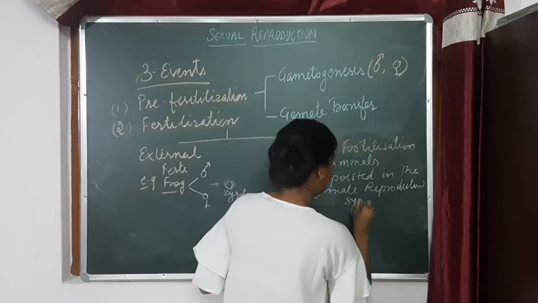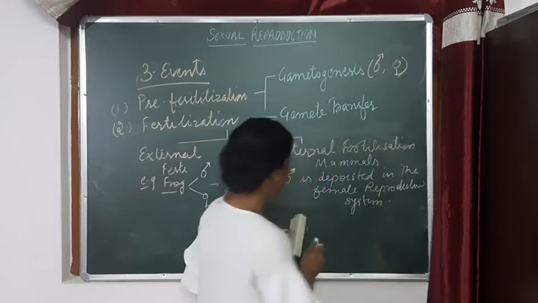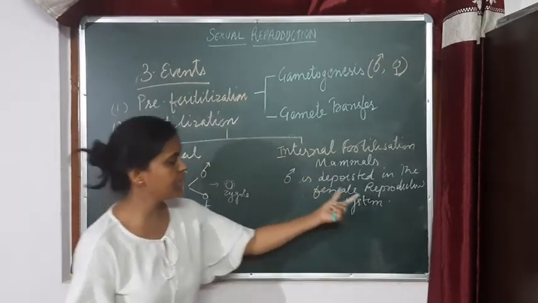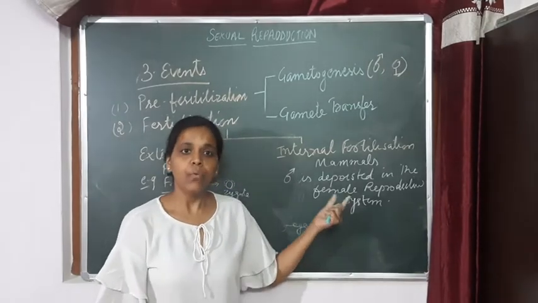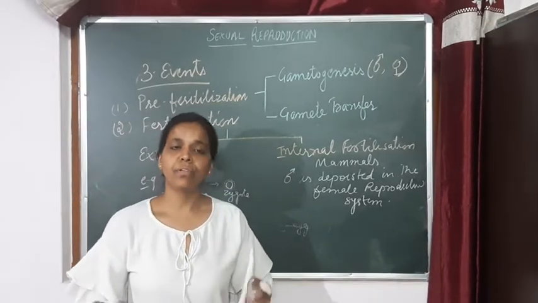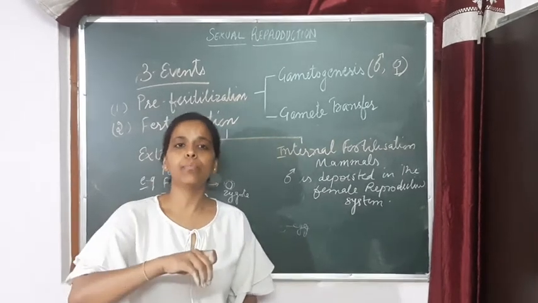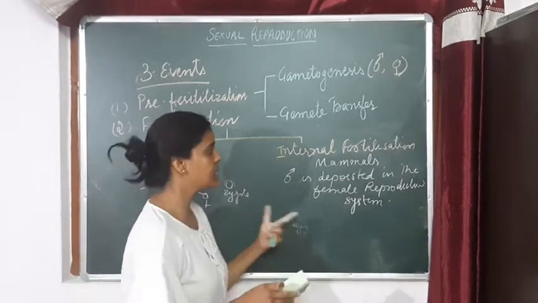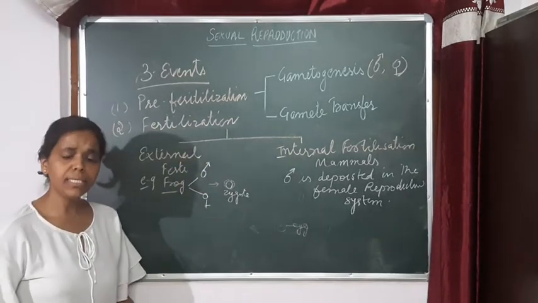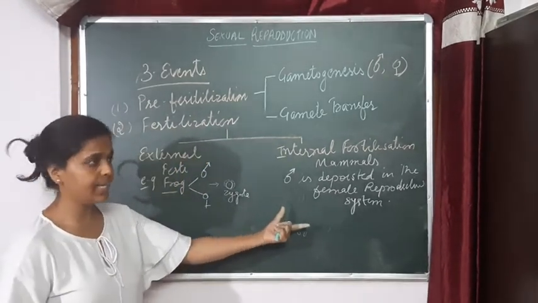The male gamete is deposited in the female reproductive system, where the male and the female gamete fuse with each other and the zygote is formed inside the body of the female. So this is the main difference between internal and external fertilization.